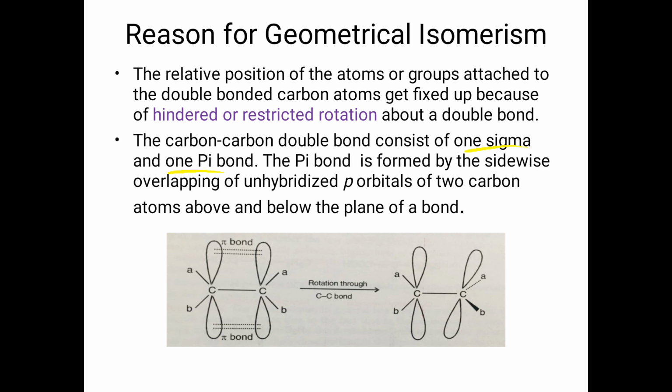The pi bond is formed by the sidewise overlapping of unhybridized p orbitals of two carbon atoms above and below the plane. These are the reasons.